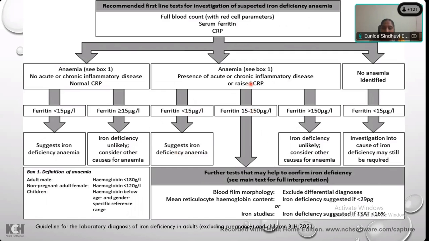But the ferritin levels to call iron deficiency in conditions of inflammation or infection go up to 150. If ferritin is more than 150, iron deficiency is unlikely. And if there is no anemia but you have ferritin less than 50, it may be an earlier stage where iron deficient erythropoiesis can happen, and investigation into iron deficiency may still be required.